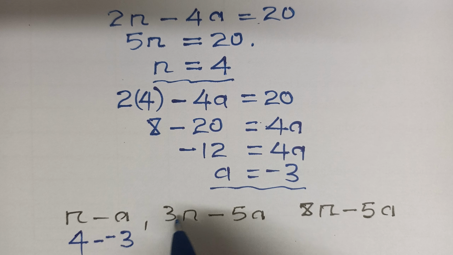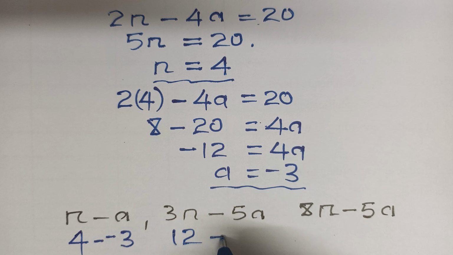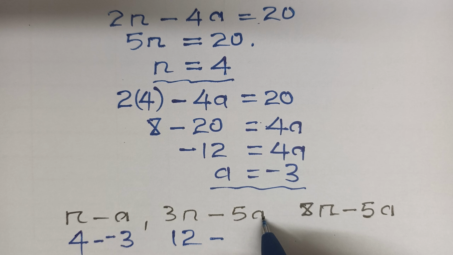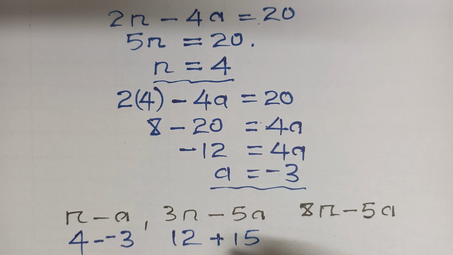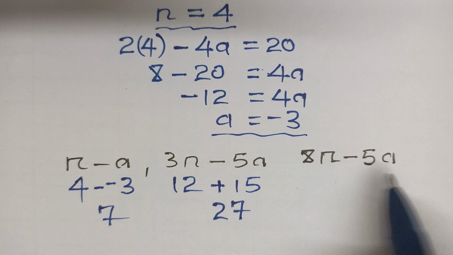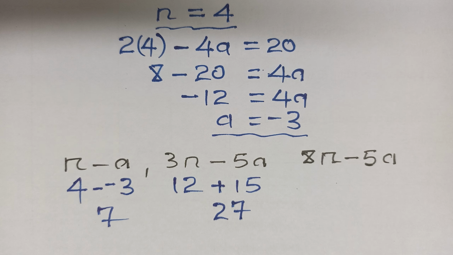This is 3 times 4, which is 12, minus 5 multiplied by negative 3, which is 15 there. So our second term is going to be 27. Without even getting to that term, we now answer the question.